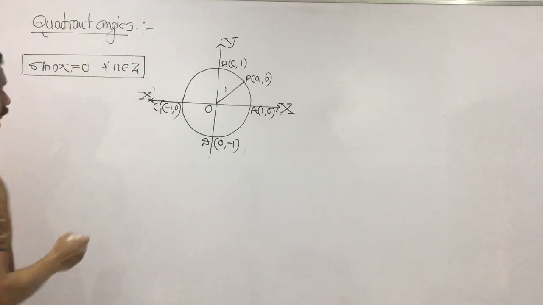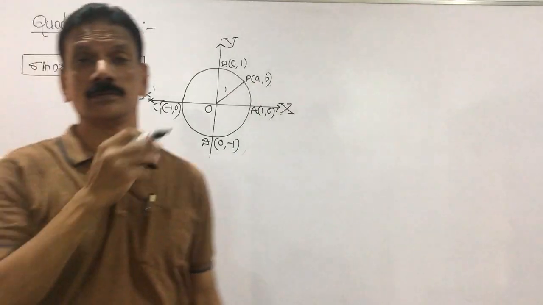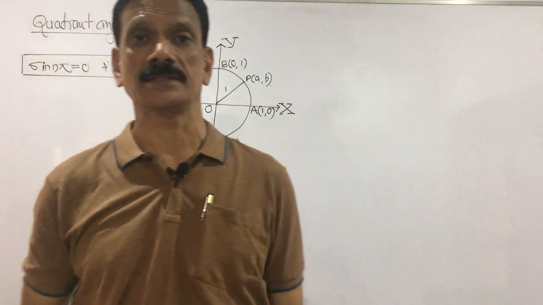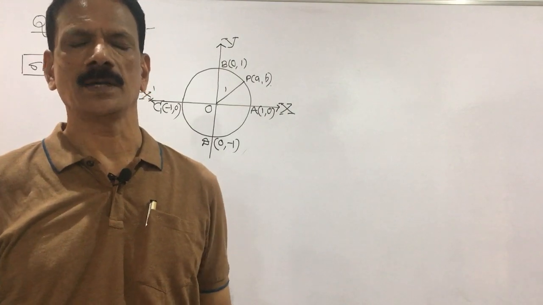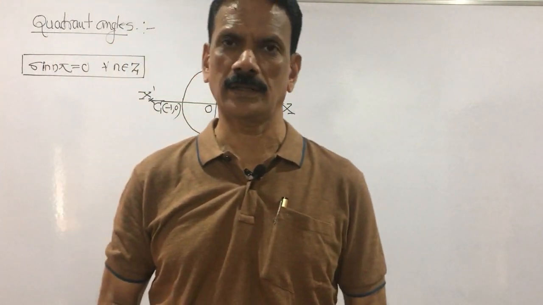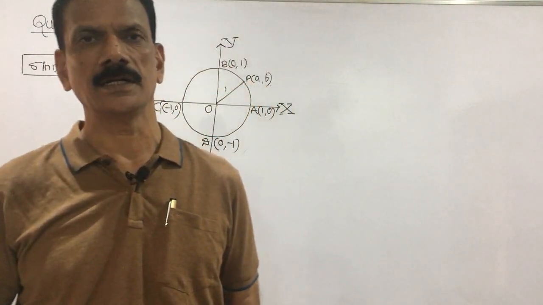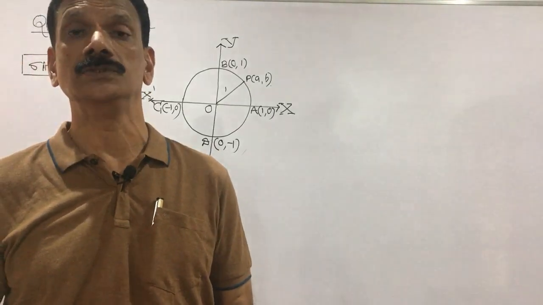Sin n pi is always 0. Sin pi, sin 2 pi, sin 3 pi, sin 4 pi, sin 5 pi, sin 7 pi, sin 100 pi, sin 1111 pi is always 0.